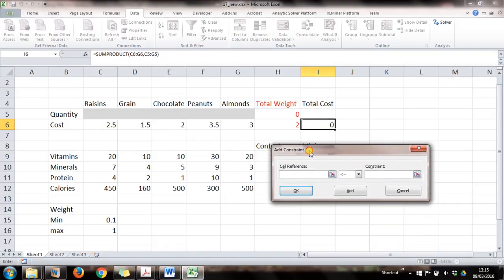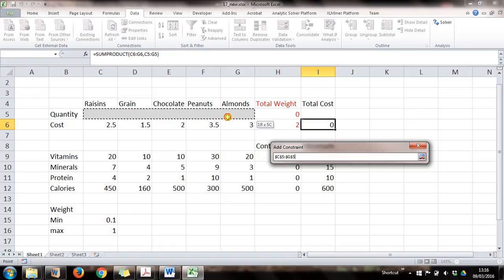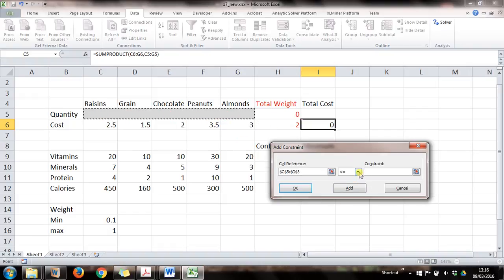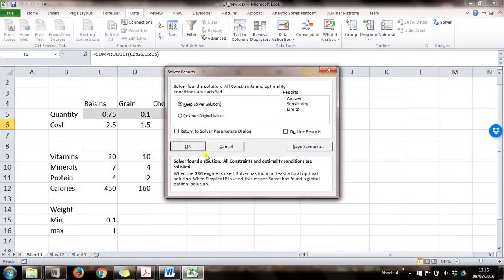We need to add that this total weight should equal this weight, and all these values should be less than or equal to the maximum weight, and all these values should be greater than or equal to the minimum weight. Okay, make it an LP, solve it.